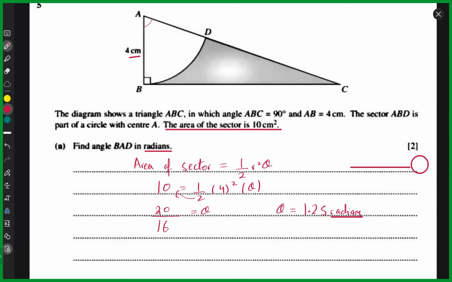But this time around, the examiner is not going to give you any separate answer space, right? Whatever you want to do, you will be doing it within these lines. So please make sure that you do not forget your unit. Unit is very important. So this is going to be 1.25 radians. That's correct.